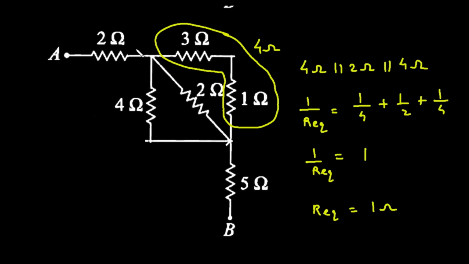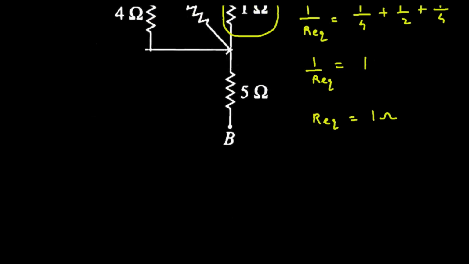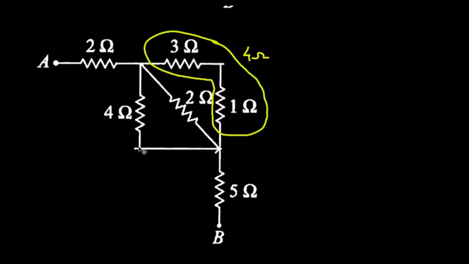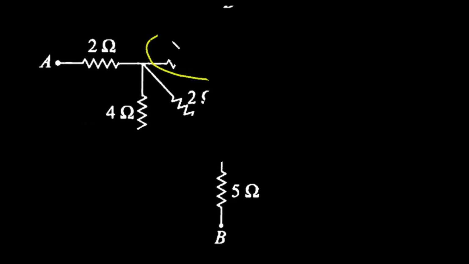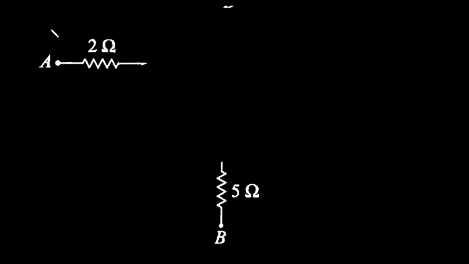So again, let's copy this network from here, and then paste it. So we can replace this by simply a 1 ohm resistance. So it will be like this.